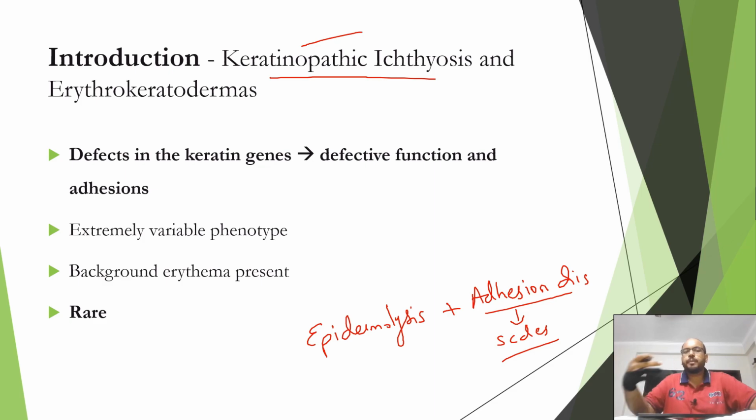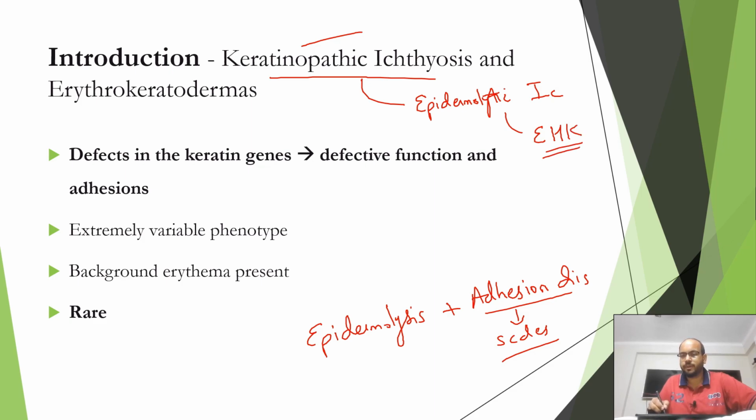So in this keratinopathic ichthyosis, you have epidermolysis, and that is why it is also known as epidermolytic ichthyosis or epidermolytic ichthyosiform disorders. Now, as I've said that there is epidermolysis, in biopsy you will find epidermolytic hyperkeratosis. So go back and see the lecture on histology of epidermis and you will understand what we mean by epidermolytic hyperkeratosis.